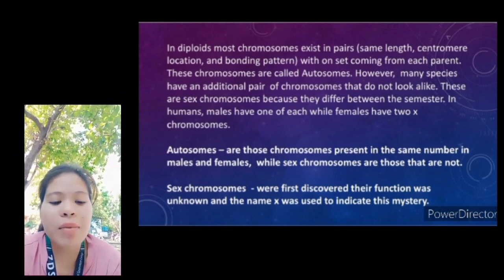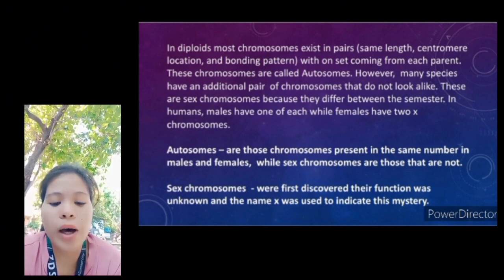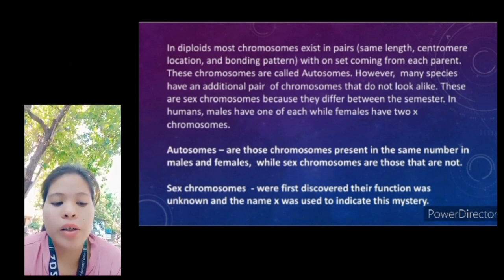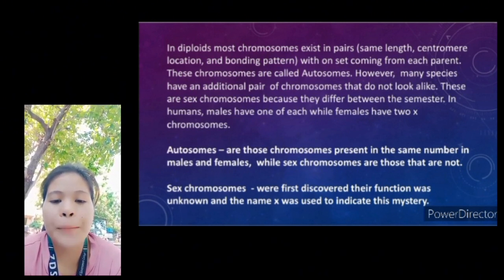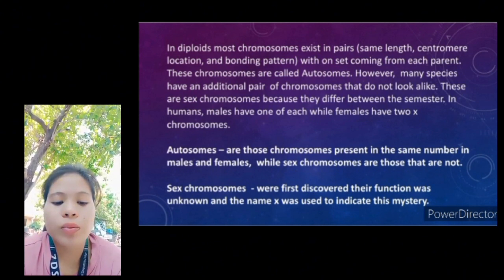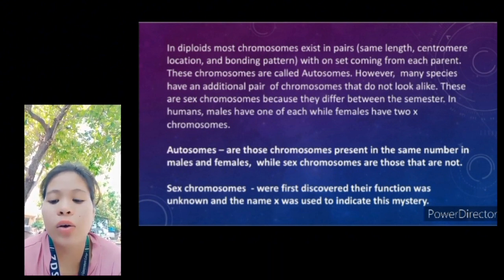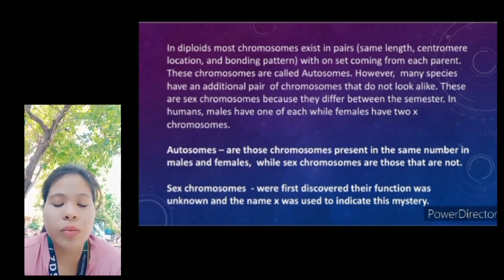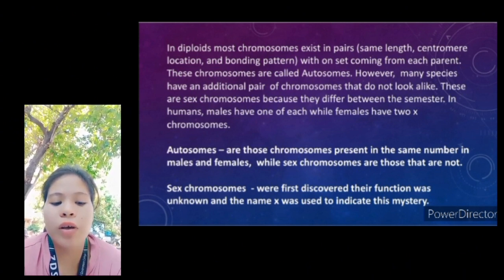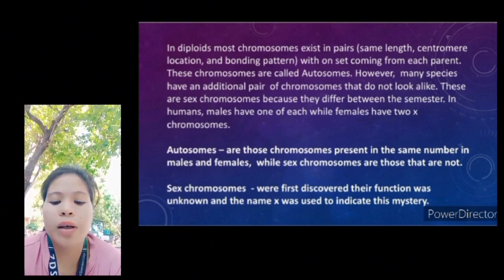In mammals with XX and XY, the consequence is that all egg cells carry an X chromosome, while sperm will carry either an X or a Y chromosome. So half of the offspring will receive two X chromosomes and become female, while half will receive an X and a Y and become male.